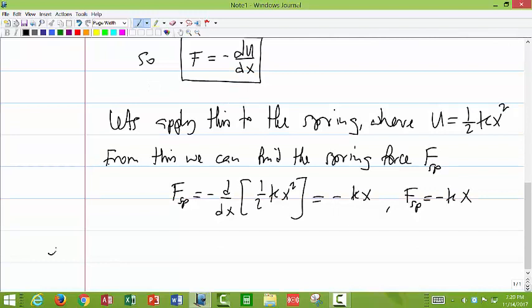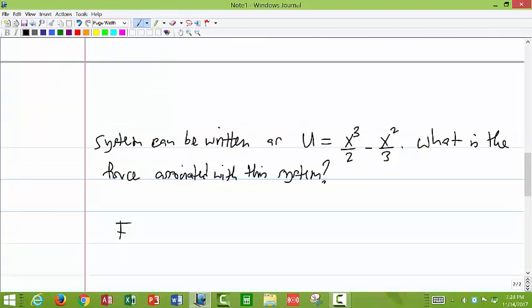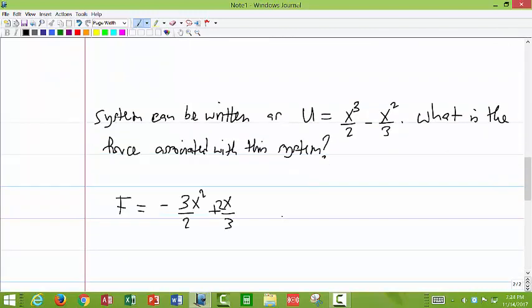Let's try an example. Okay, any answers for F? So just take F equals minus dU/dx, and U is equal to x cubed over 2 minus x squared over 3. So you just take the derivative.